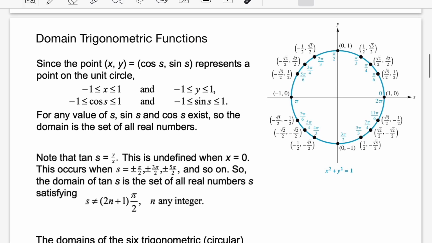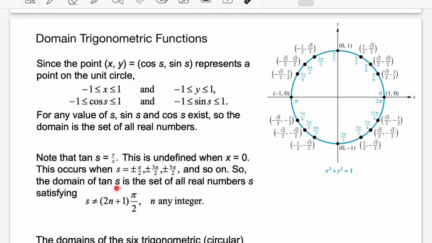Now remember, we just said that tangent of s was y over x, and this is going to be undefined when x is equal to 0 because we can't divide by 0. This occurs here at pi over 2, and here at 3 pi over 2. Notice if we do a full rotation and then continue on, the length of our measurement s will become 5 pi over 2, and so on.